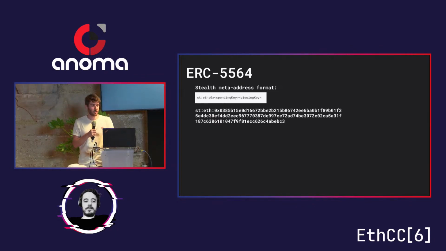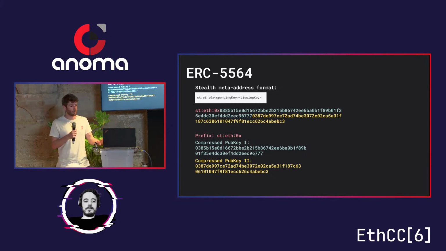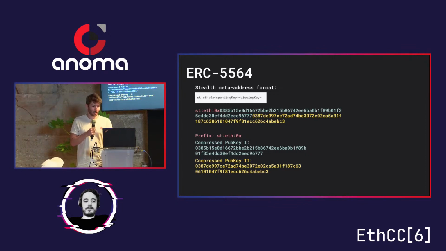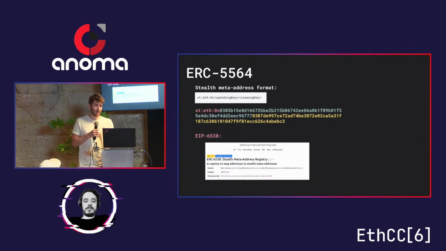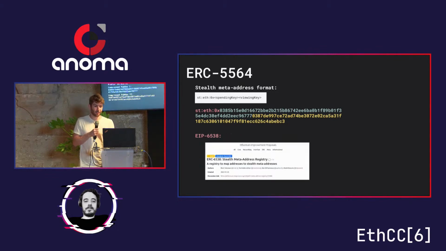ERC 5564 also comes with its own address scheme, which consists more or less of 2 public keys in compressed form. As I said, the recipient has 2 public keys. We just concatenate them and put them into one address format to allow senders a simpler way to send to a stealth address.